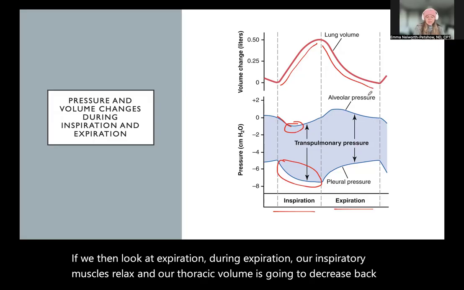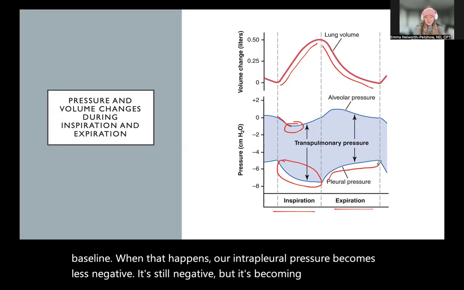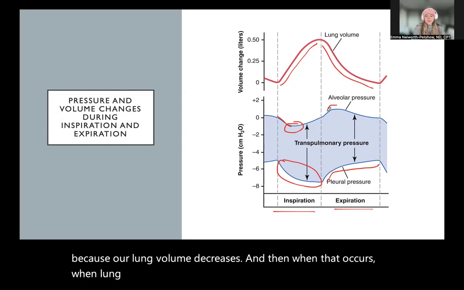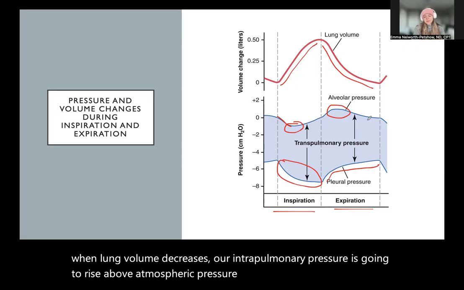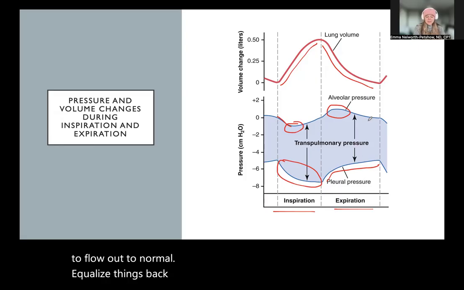When that happens, our intrapleural pressure becomes less negative. It's still negative, but less so because our lung volume decreases. Then our intrapulmonary pressure rises above atmospheric pressure, and that leads air to flow out to equalize things back to zero, back to baseline.